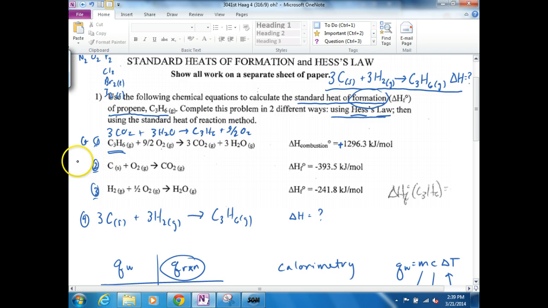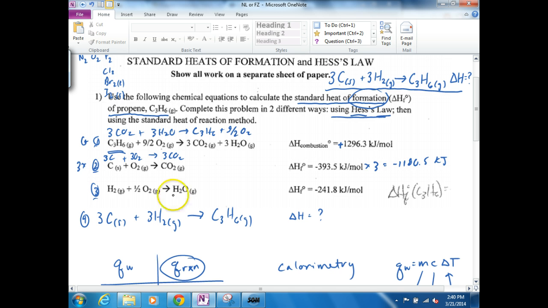So what I'm going to have to do is multiply this times 3. And it turns out I'm going to have to do the same thing for equation 3, because I've got to get 3 H2s on the left. So actually, let's do this one step at a time. So this one I'm going to write 3C plus 3O2 yields 3CO2, and then I'm going to have to multiply this thing by 3, which will give me negative 1180.5 kilojoules.